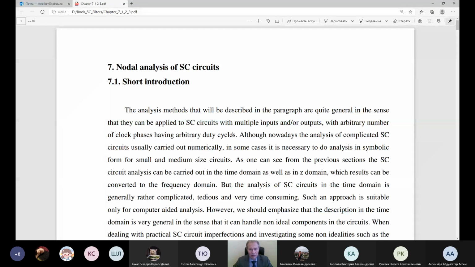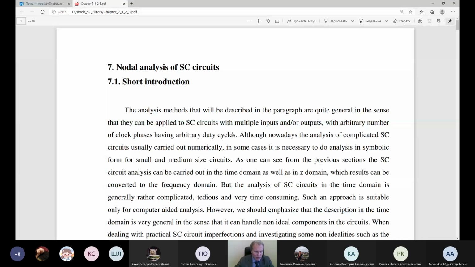Yes. So today we will consider very important and practically oriented questions devoted to the methods of switch capacitor circuit analysis. We will introduce two main approaches.